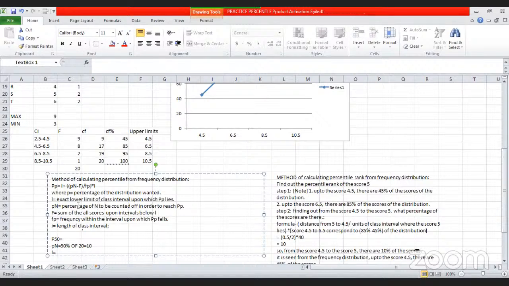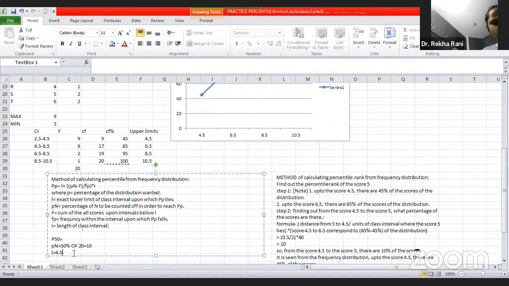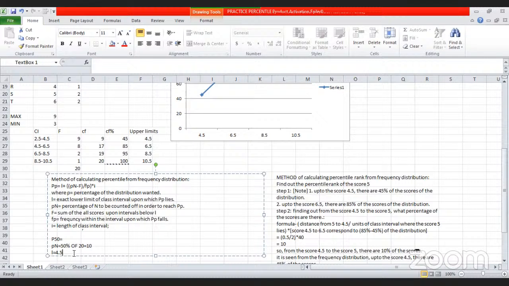That means 10 is there within the class interval of 4.5 to 6.5, because up to 4.5, there are 9. And the lower limit of this class interval is 4.5. So L equal to 4.5. Clear? Yes. Okay.